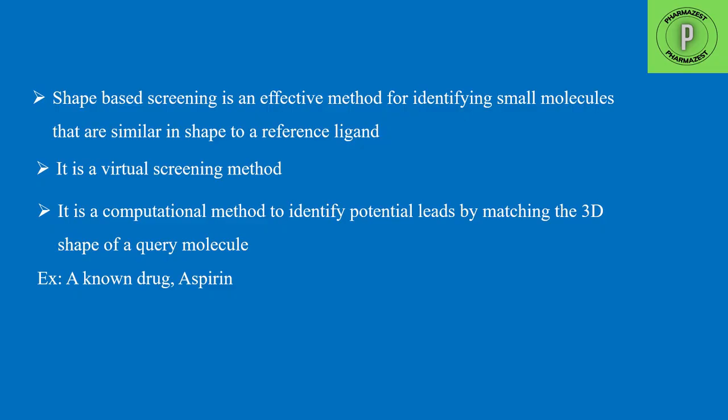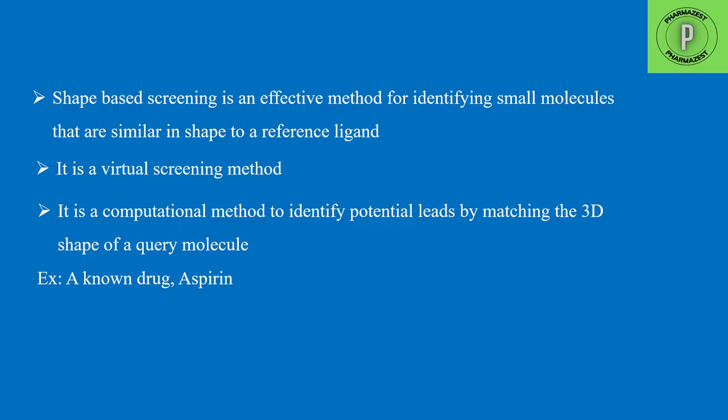It can be a commercial database or a private database which contains millions of compounds similar in structure to the ligand which we want to study. It is one of the virtual screening methods, and by using this method we can identify potential leads which match the three-dimensional shape of the query molecule.